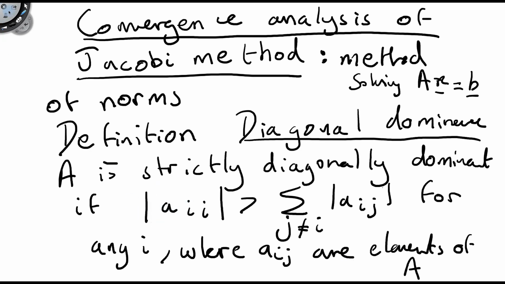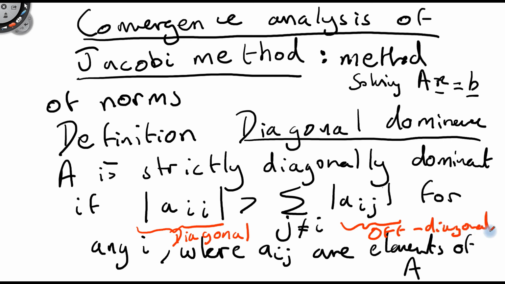What we've got here, if we just look at it, these are going to be your diagonal elements. And because we've set up a summation summing along the rows where j is not equal to i, these are off diagonal. I'll give an example of this in a minute.